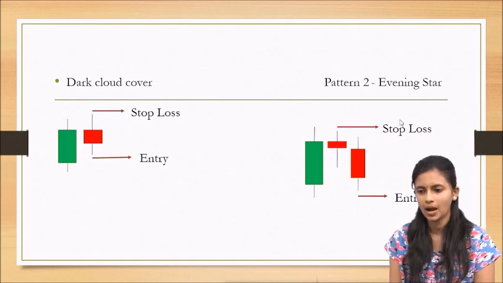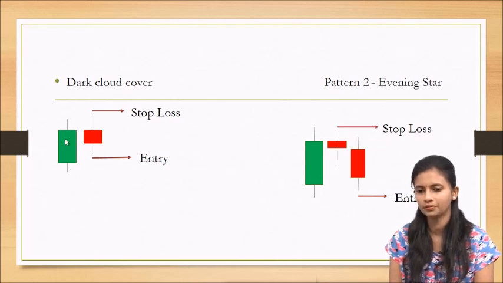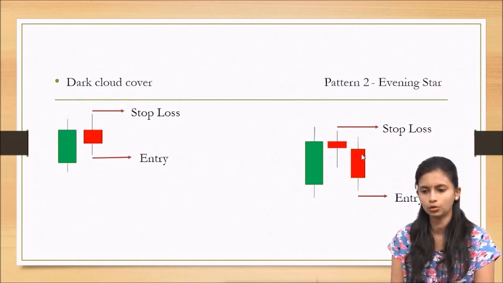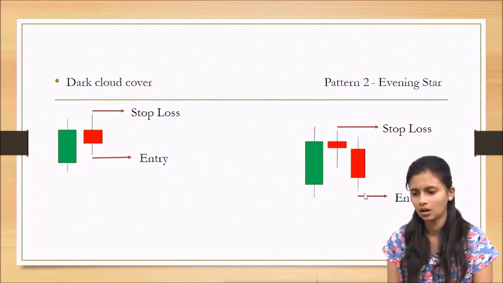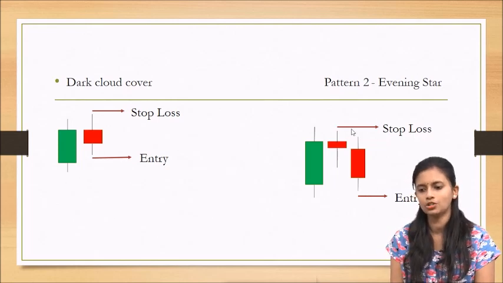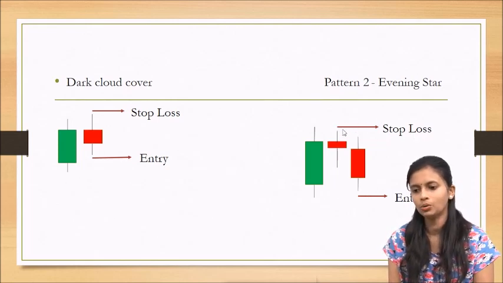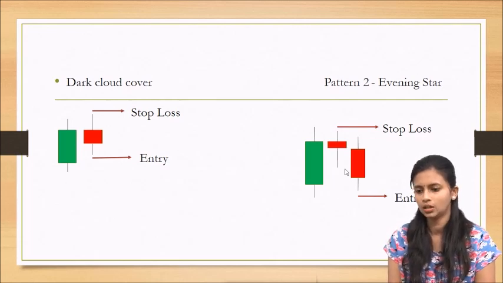Similarly, the next pattern is evening star, that is just an improvisation of this pattern, that is you don't want to take the risk, so you will wait for another red candle to form, because you don't want to trust this doji. So when this red candle is formed, you can make an entry just below the low of this candle and your stop loss can be just above the high of this doji. So these are the different reversal patterns.